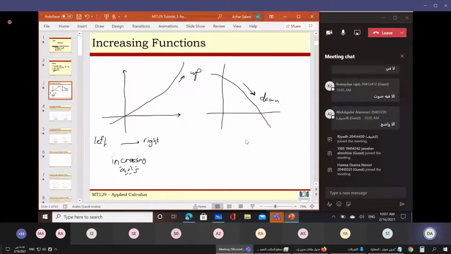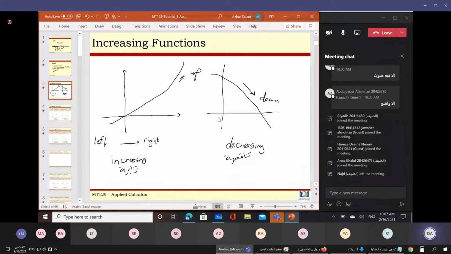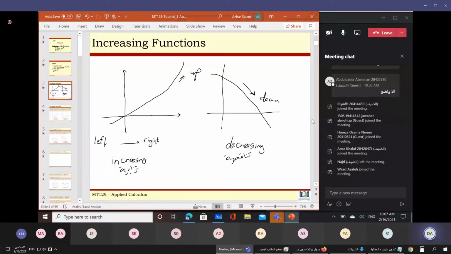I call this function a decreasing function, أو أسميها دالة تناقصية، معناتها أن قيم الدالة تنقص أو تنزل إلى الأسفل كلما اتجهت باتجاه اليمين. ضروري هنا الاتجاه، أتجه هنا من الأعداد الأصغر إلى الأعداد الأكبر، معناتها من اليسار إلى اليمين على خط الأعداد. This function is decreasing and this function is increasing.